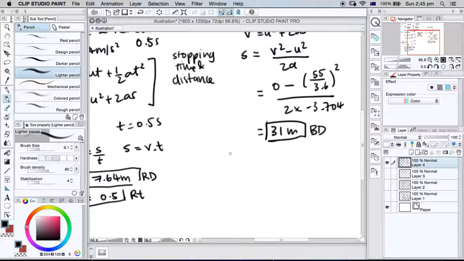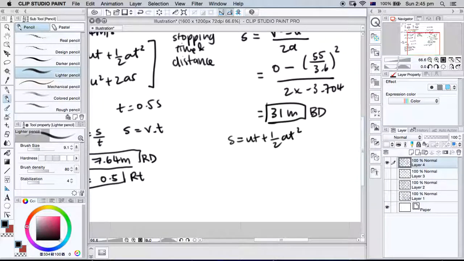Now you want to find your braking time. To find your braking time, you use the equation s is equal to ut plus half at squared. Now substitute s in, which we found from here. So 31 is equal to 55 on 3.6 times t, plus half times negative 3.704 times t squared.